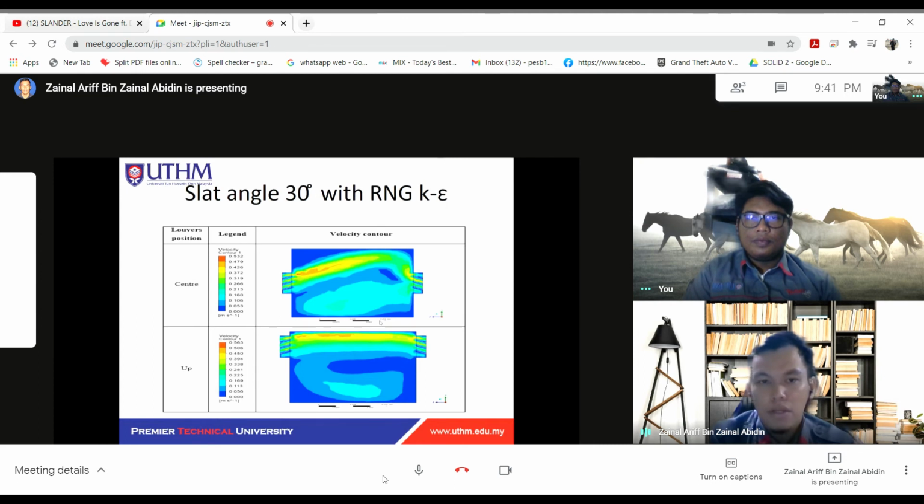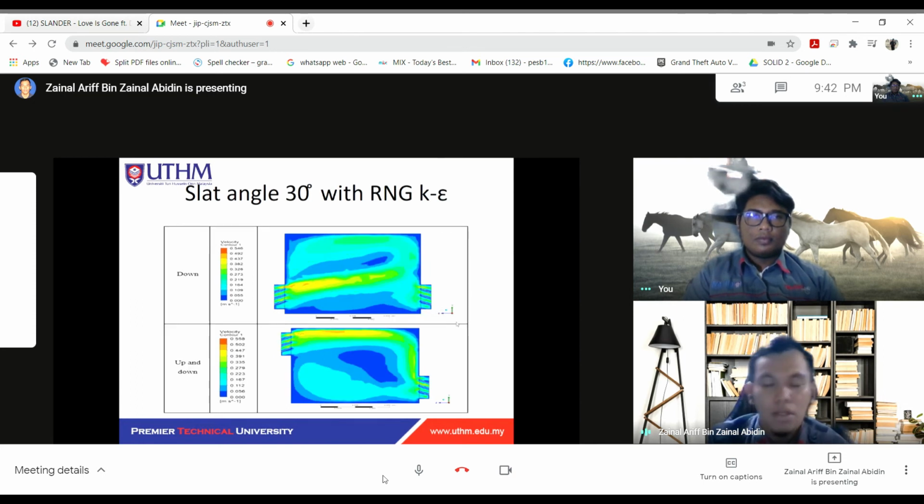For the slant angle of 30 degrees with RNG k-epsilon, we found the wind flows up and hits the top wall of the air ventilation, which makes the velocity inside the air ventilation quite high.